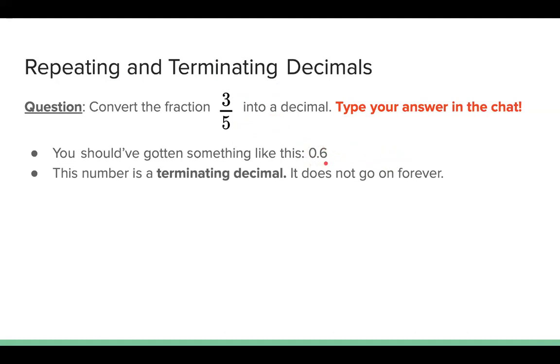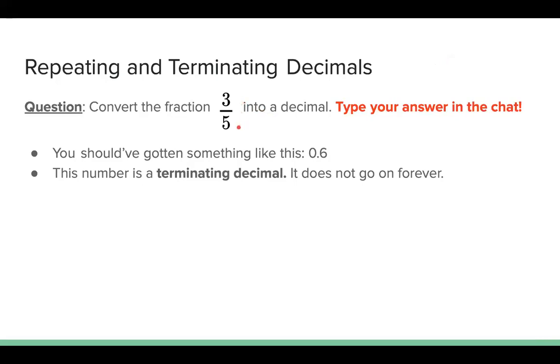Why would you only do it for the 2? Why can't you do it for any other number? What do you mean? Like you said, you do 5 times 2 and 3 times 2. That's because I want the denominator to be 10, because that makes it easier to convert into a decimal. Decimal basically means 10, and so that's why. Well, why couldn't you do 100ths? I could do that.